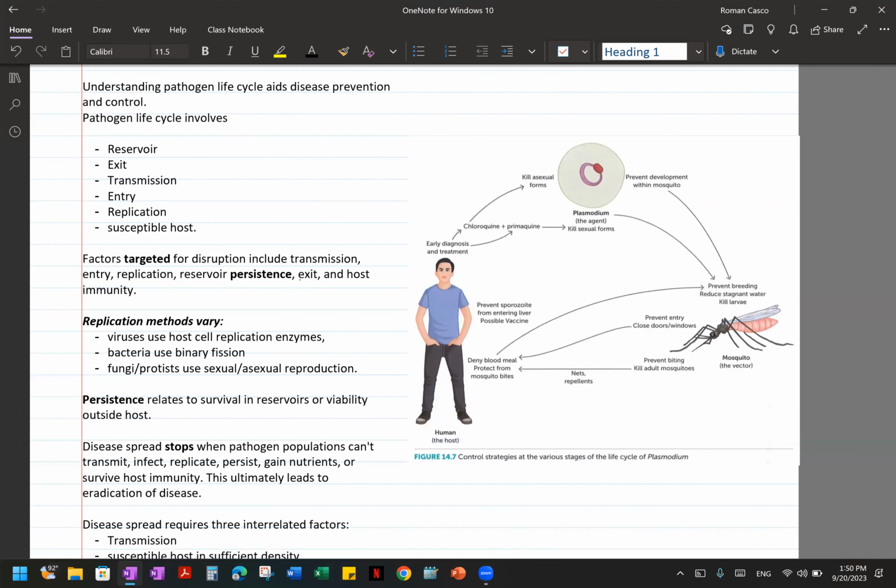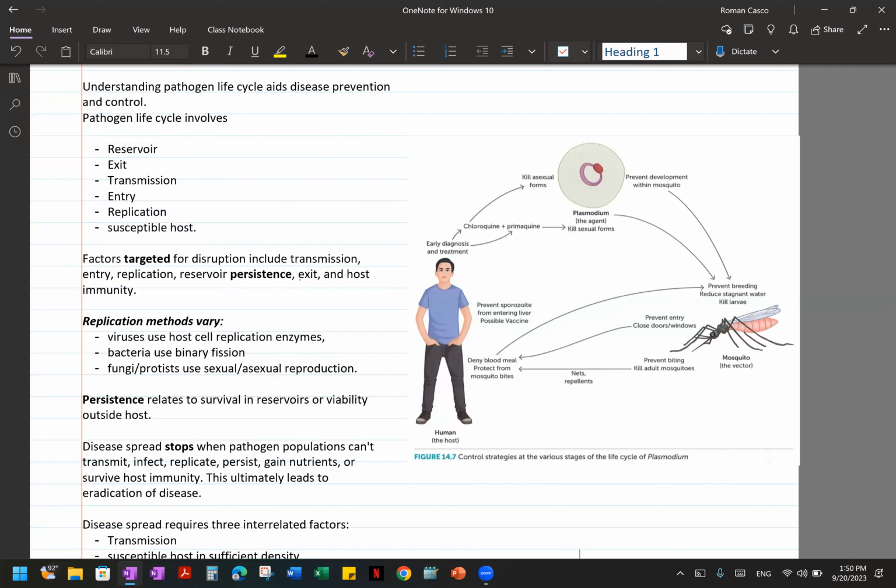Okay. So just to reiterate the pathogen life cycle, if you remember, for example, the mosquito and Plasmodium, you have the human, and even within the human, you have muscle tissue having a certain life stage, then liver tissue having a certain life stage, then going to the mosquito and back to the human, right?